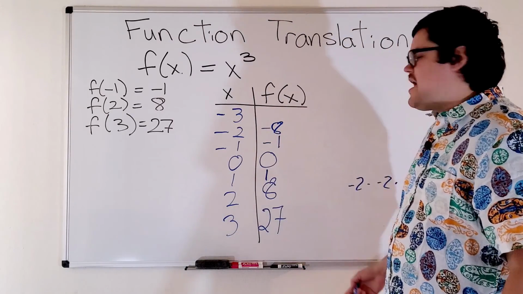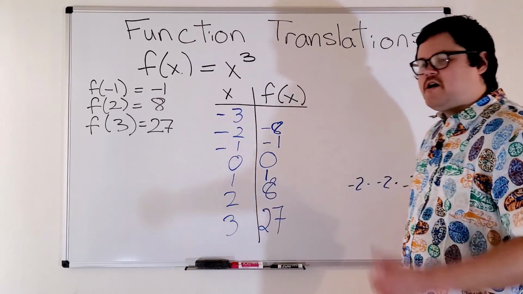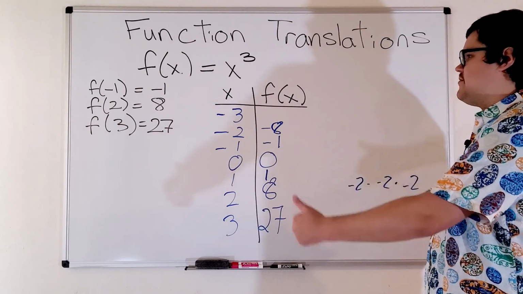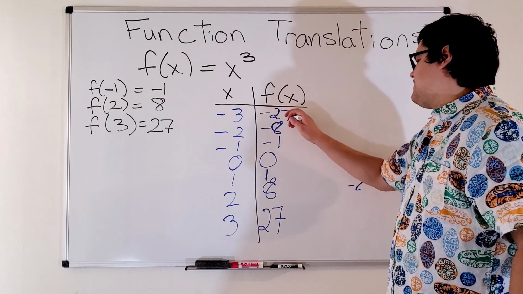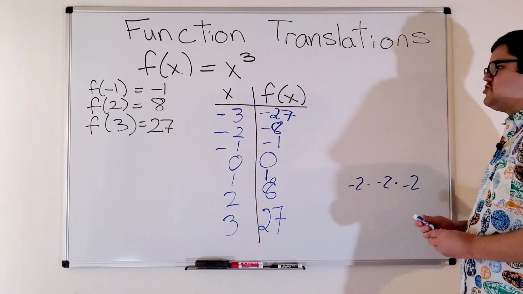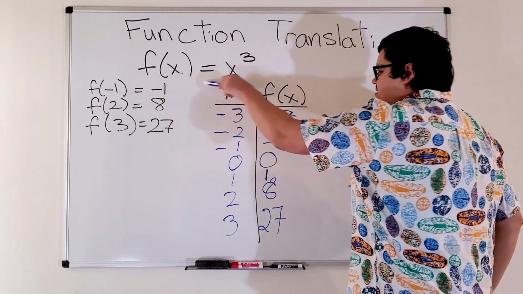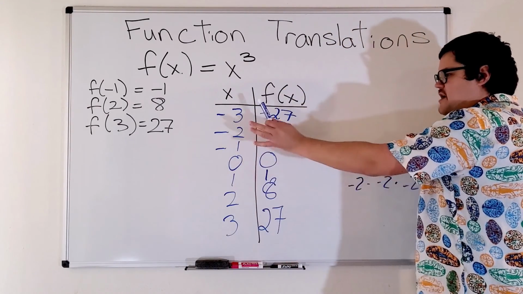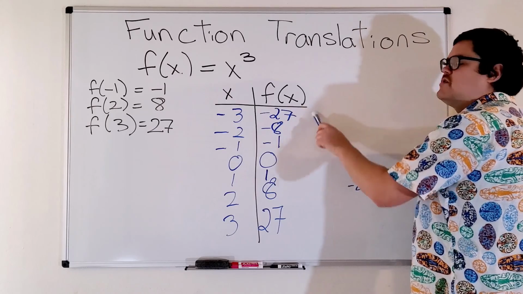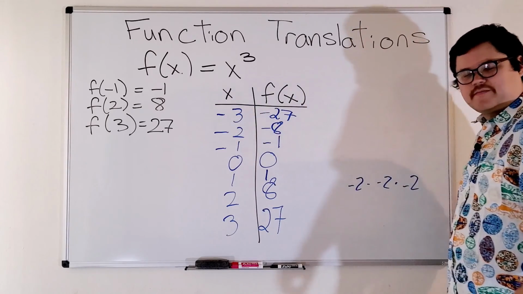And similarly, f of -3, -3 times -3 times -3 is -27. Okay? So for this function, f of x, we've just generated a table demonstrating the outputs corresponding to various inputs.